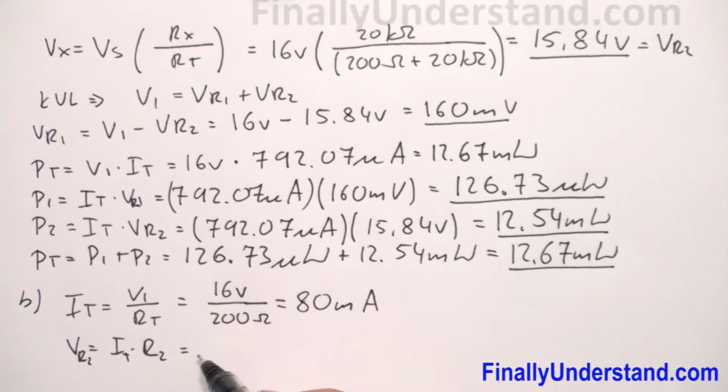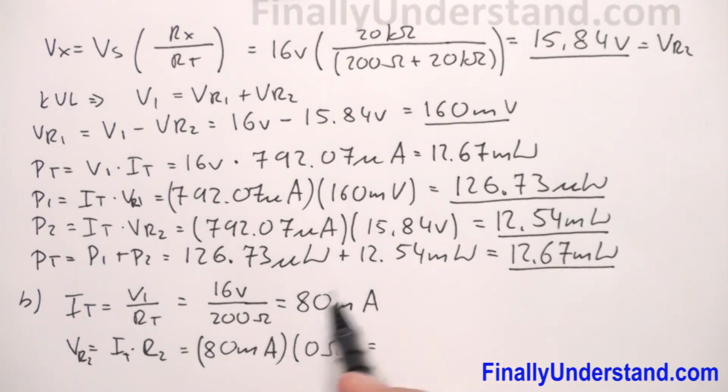I total we found is equal to 80 milliamps. And we multiply by R2, but R2 is shorted, so the resistance is approximately 0 ohms. So 80 milliamps times 0 ohms gives me 0 volts. So the voltage across resistor R2 in this situation is equal to 0 volts.